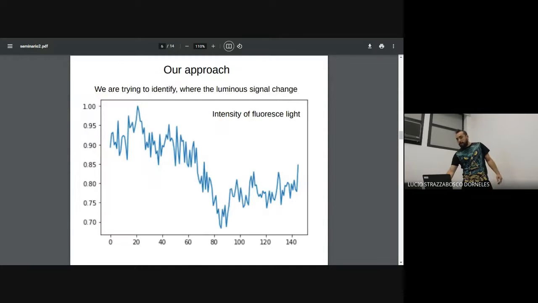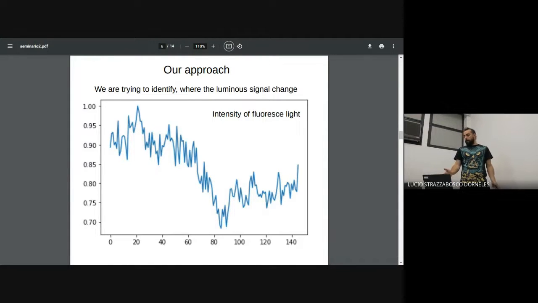So in our recently created approach, we have this signal. This is from a cell that passed through division, but it's not a lot of cells, it's just one cell. This cell emits some intensity of fluorescent light, and this is its graph.